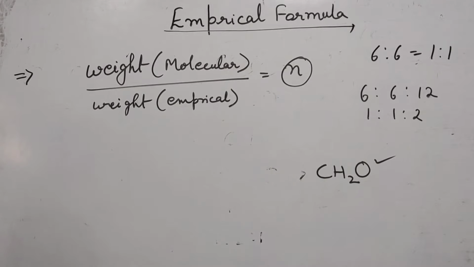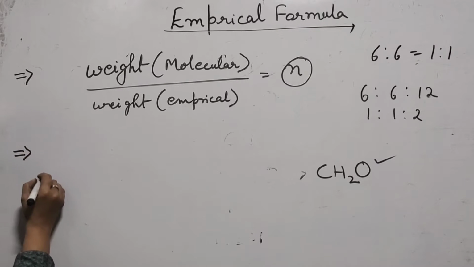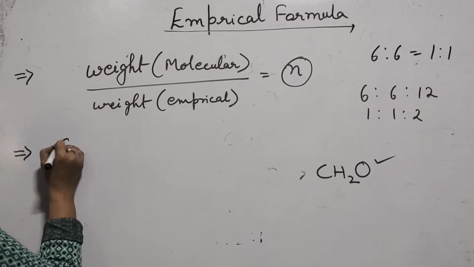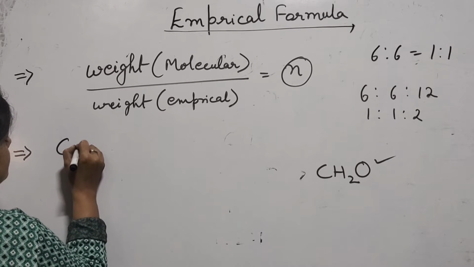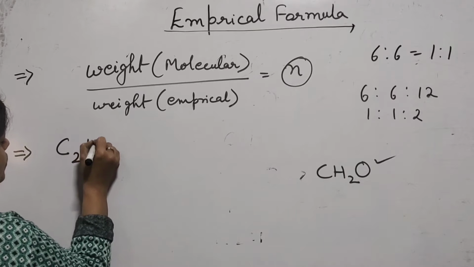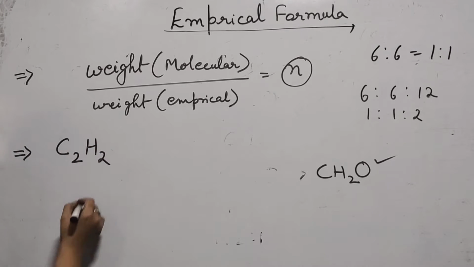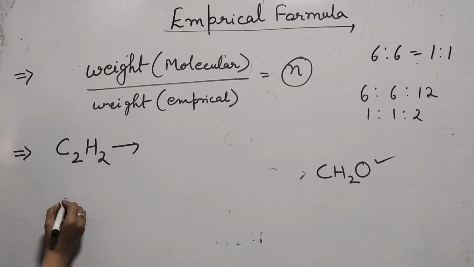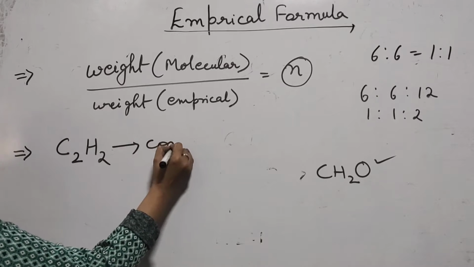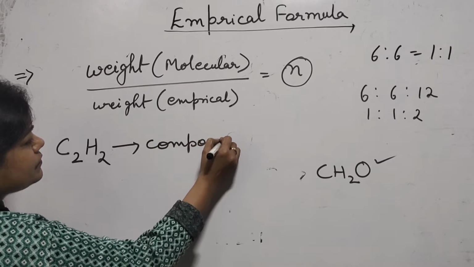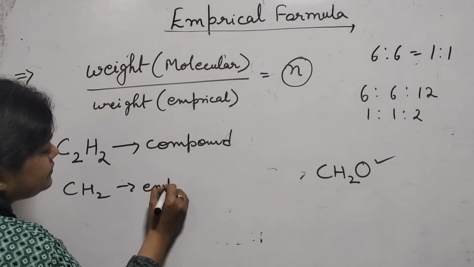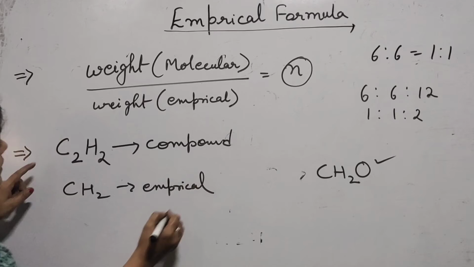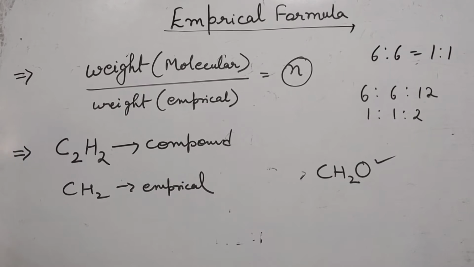For example, consider a case. We have an example. Firstly C2H2. Now, this is the compound. Now, CH2, it is the empirical formula. Clear? This is the compound, this is the empirical formula.